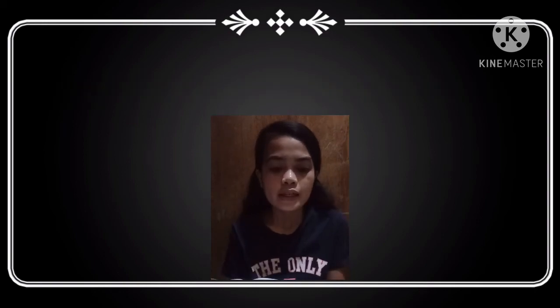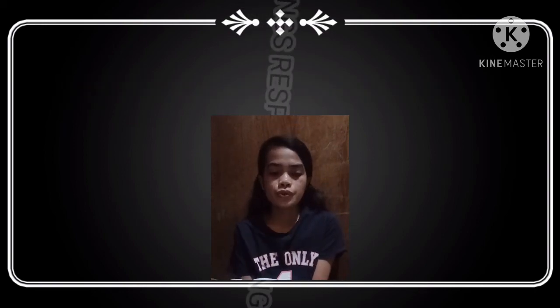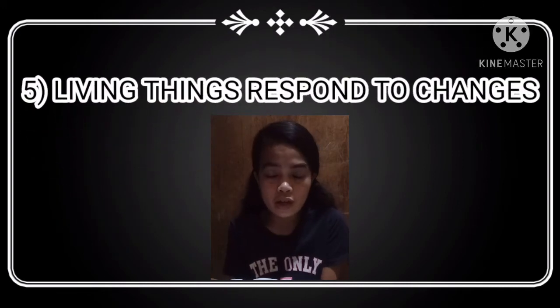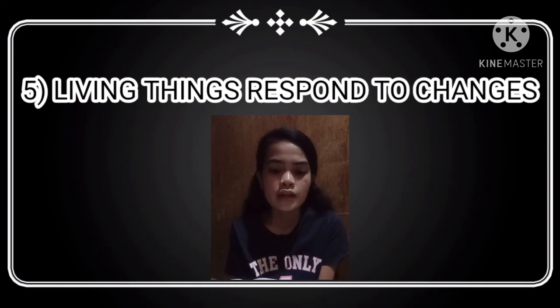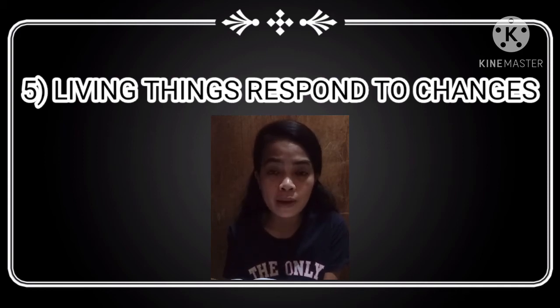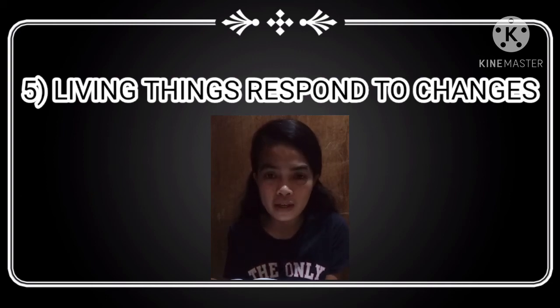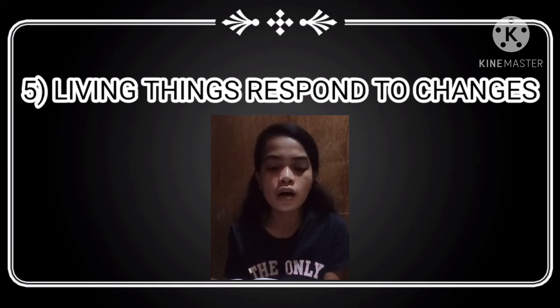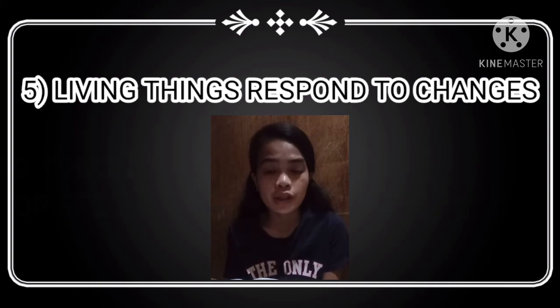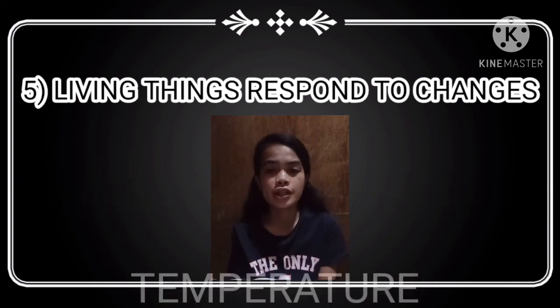Okay, let's move to the fifth characteristic of living things. Living things respond to changes. For example, the leaves of the makahiya or mimosa plant fold up when they are touched. It only means that living things can respond to changes around them. They are able to respond to light, touch or feel, and temperature.